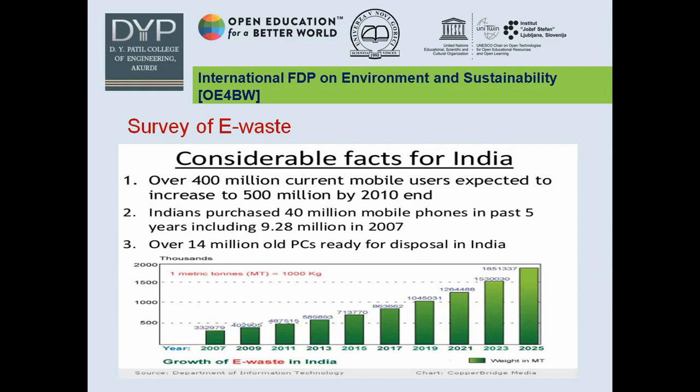So e-waste increases per year, like every 2 years the e-waste increases. That survey defined, for sustainability, that every 2 years there is an increase in e-waste. So at 2025 the graph increases again. It shows that e-waste is a major issue from the environmental point of view. So we want to concentrate on this e-waste issue also.